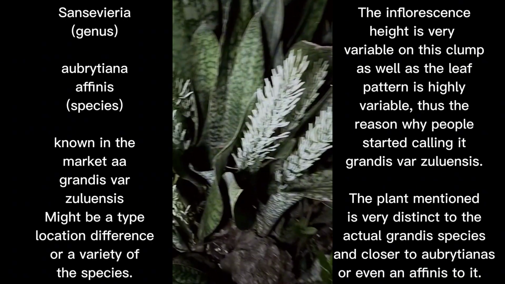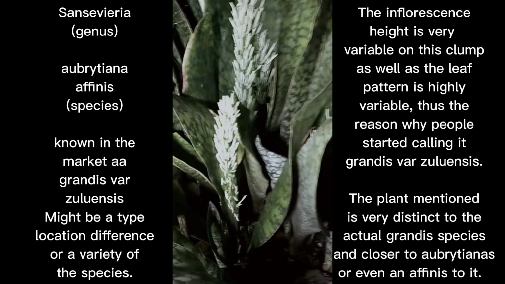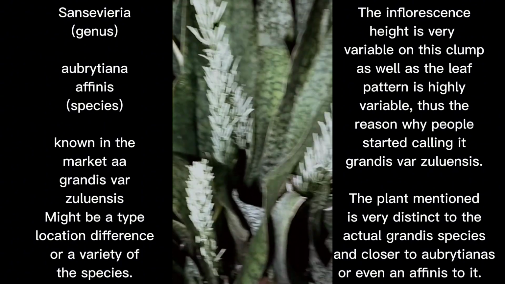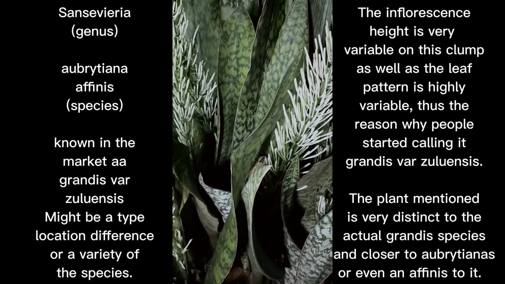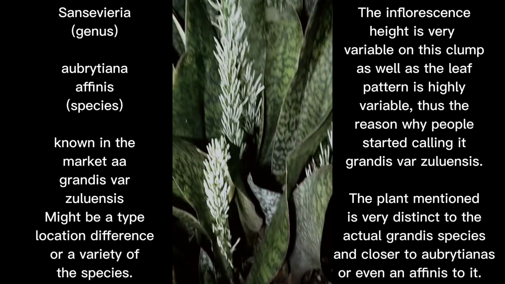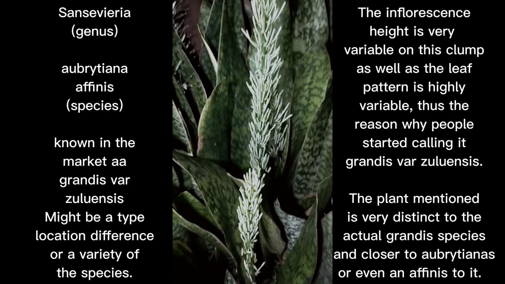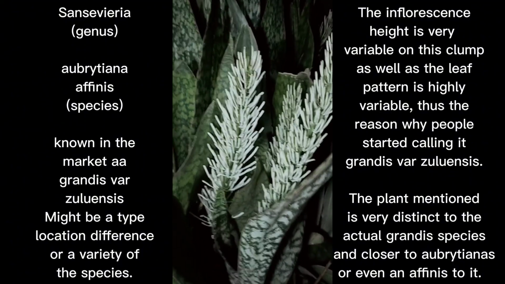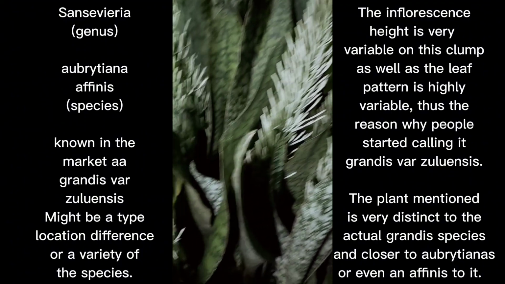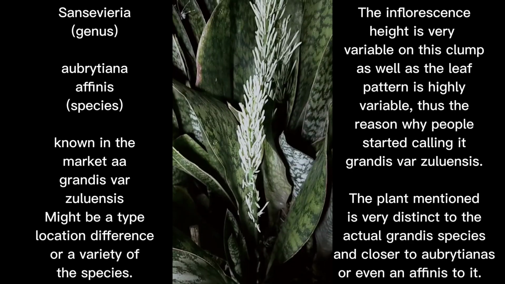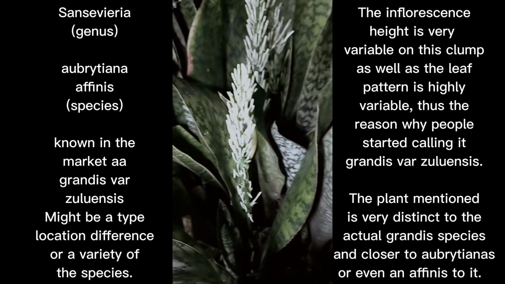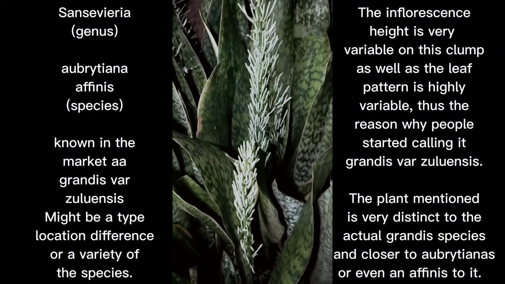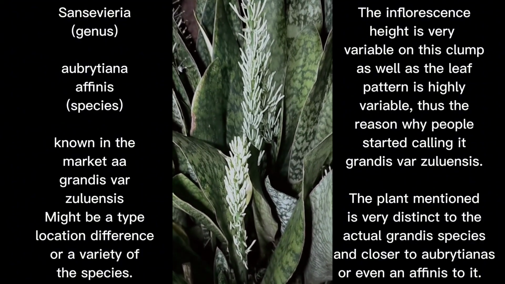So if you are just looking at them at one glance or through pictures without comparing the leaves side to side, then you would say that aubrytiana and grandis variety zuluensis are just the same. So with that said, I have already recorded the inflorescence of the aubrytiana species, and right now I will be showing you the inflorescence of grandis variety zuluensis.